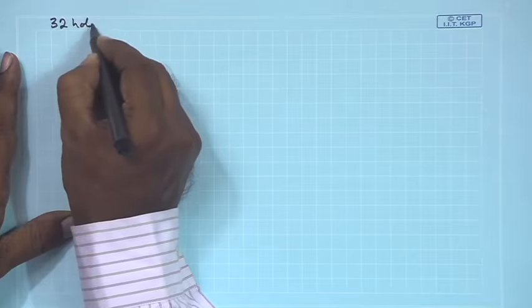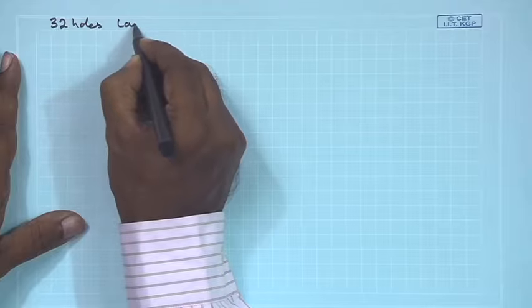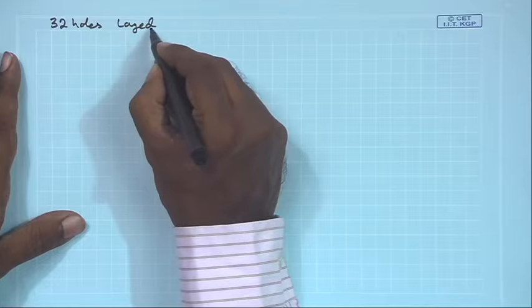Now let us go into the blasting details. We need to drill 32 holes, and the first decision to be made here is how these 32 holes will be laid in the bench.